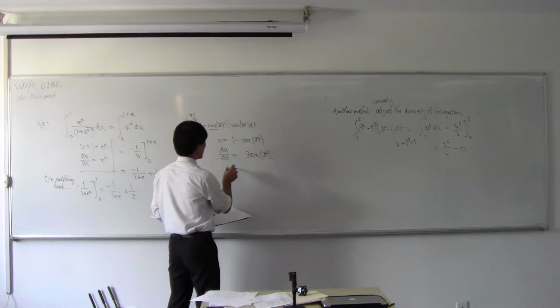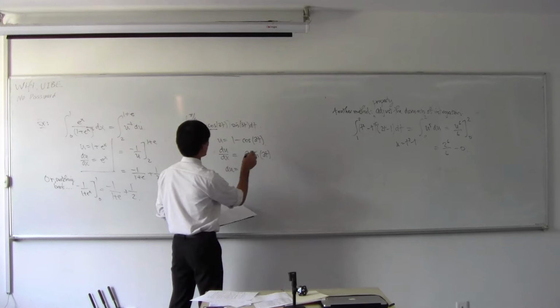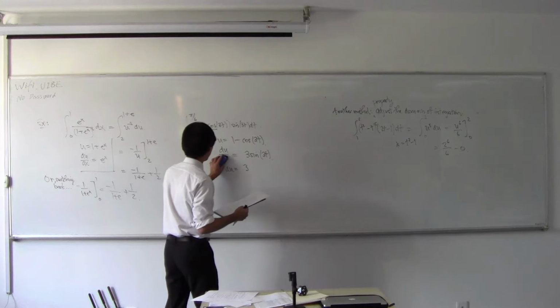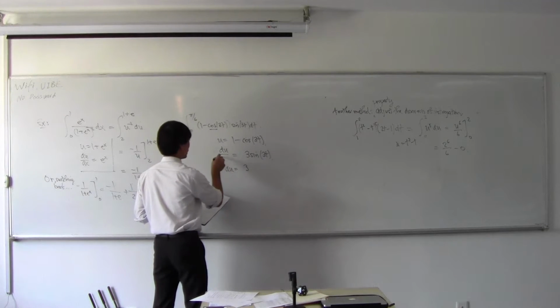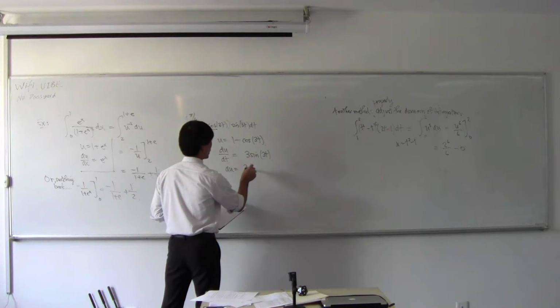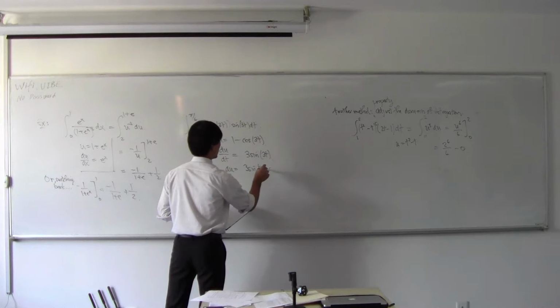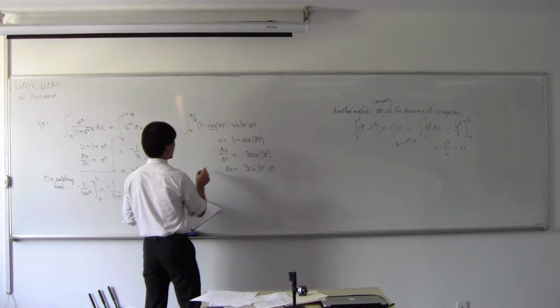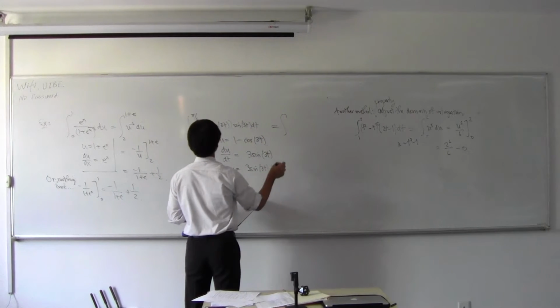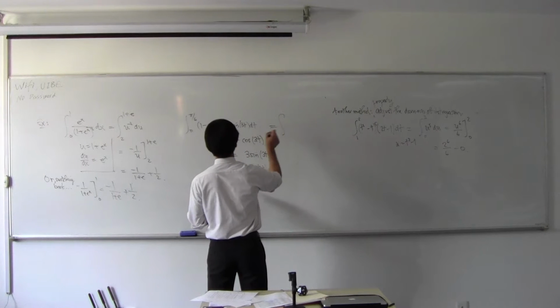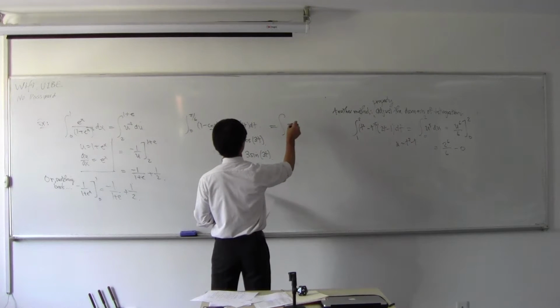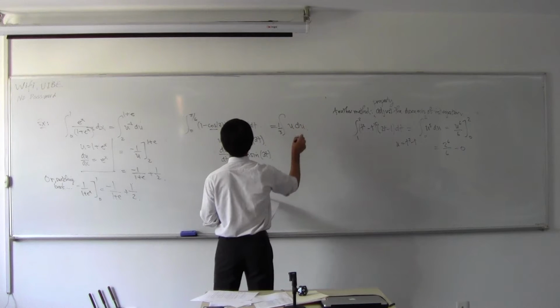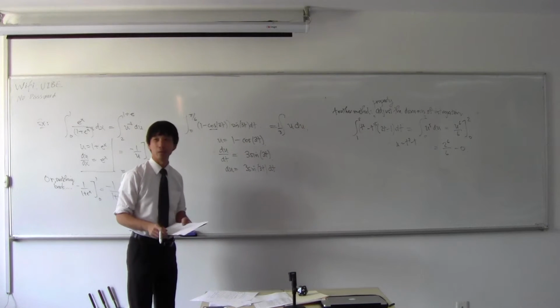And so du is going to be 3 sine 3t dt, right? Okay. So then changing this thing, we're going to get u and then 1/3 of du.